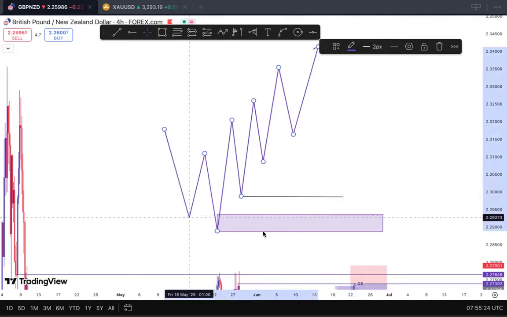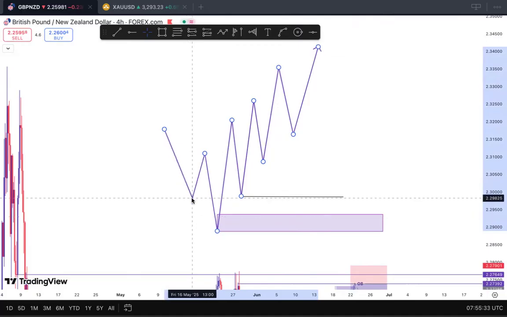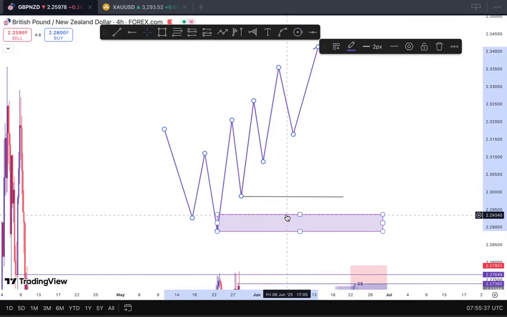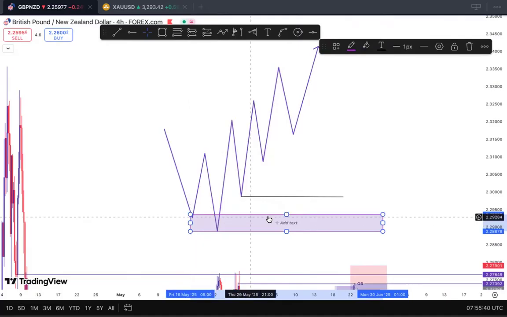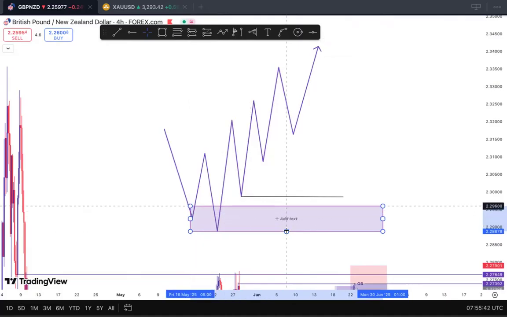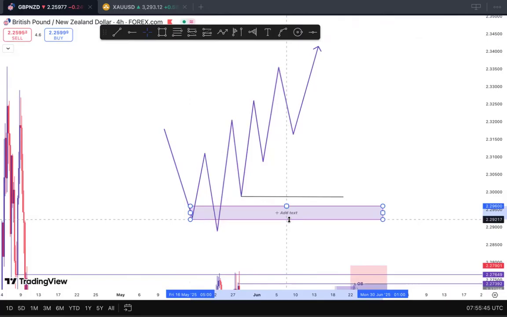So if you have this break far away, what do you take? You take the order block. But if you have a stop point at the back, what do you take? You take the stop point as your POI. So this is it.